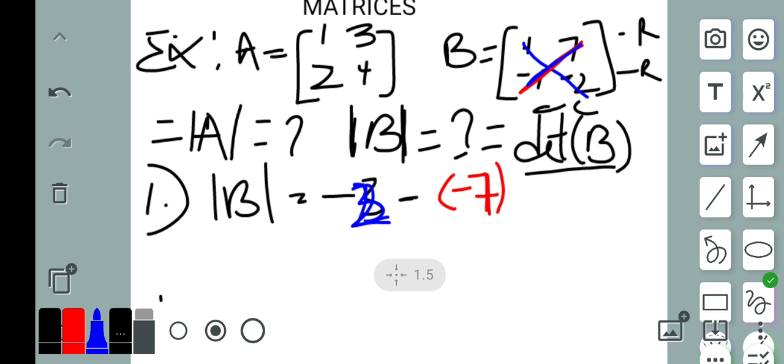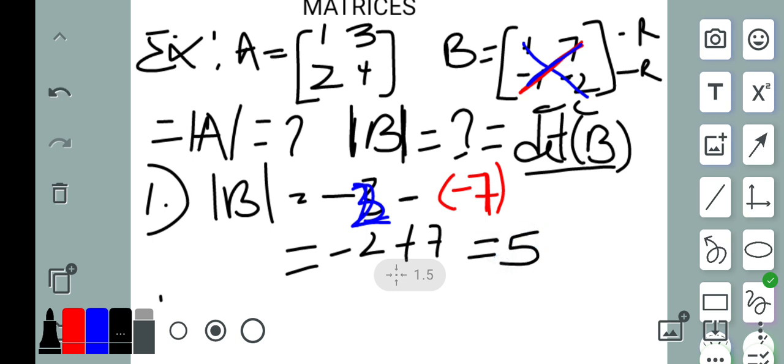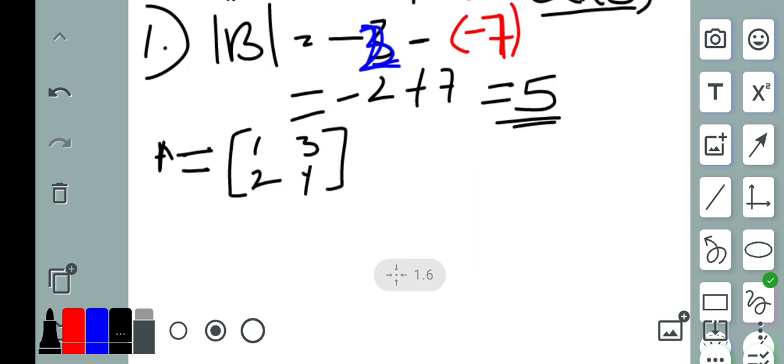And this at the end of the day gives me minus 2 plus 7, which is equal to 5. So that is the determinant of that matrix.